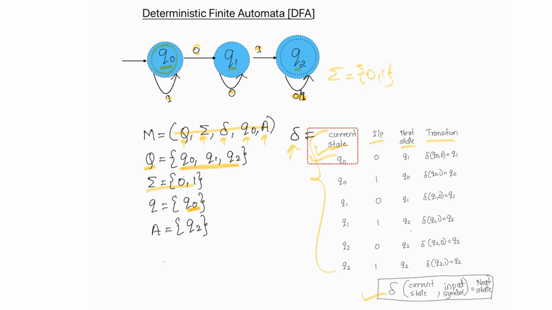Which is the accepting state in the given DFA? Q2 is the accepting state. Why? Because it is drawn with two concentric circles. Hence A is equal to the set containing Q2. In this particular given DFA, there is only one final state, so because of that we are giving only Q2 as the final state.